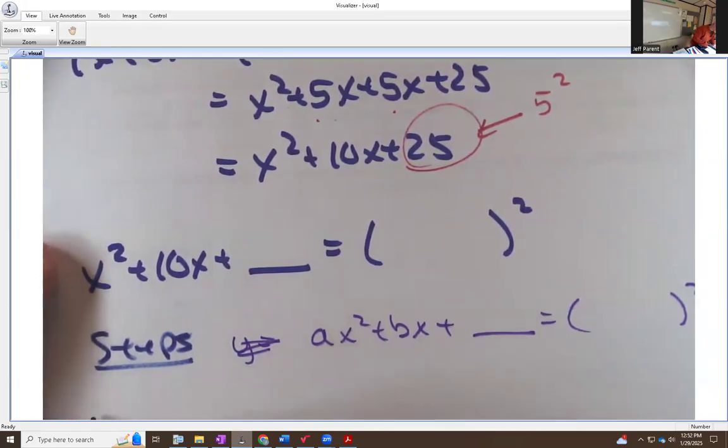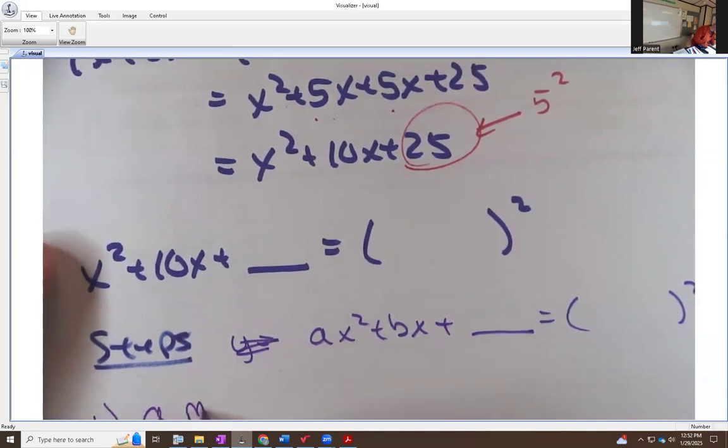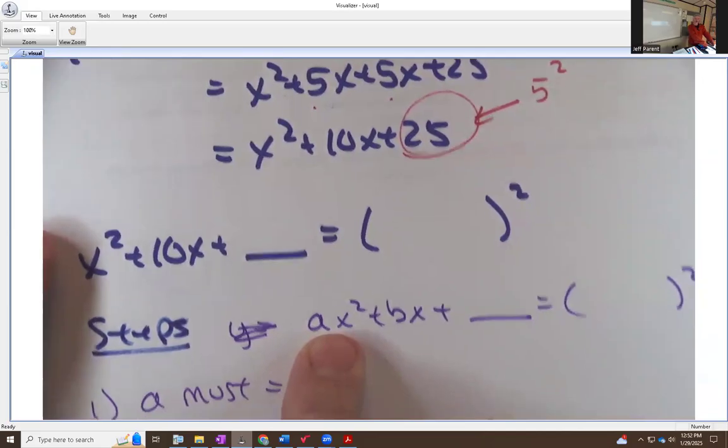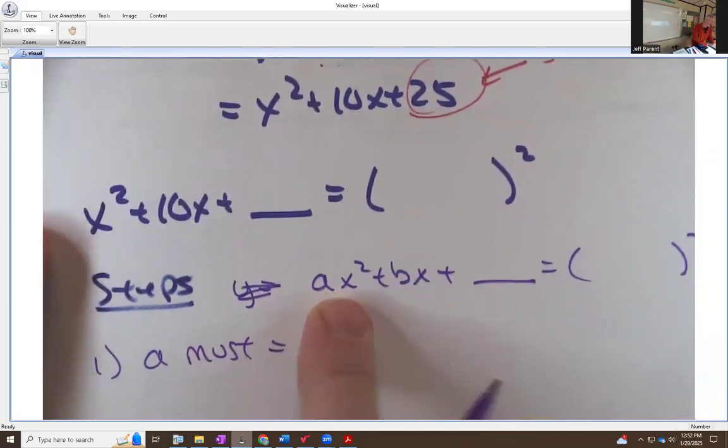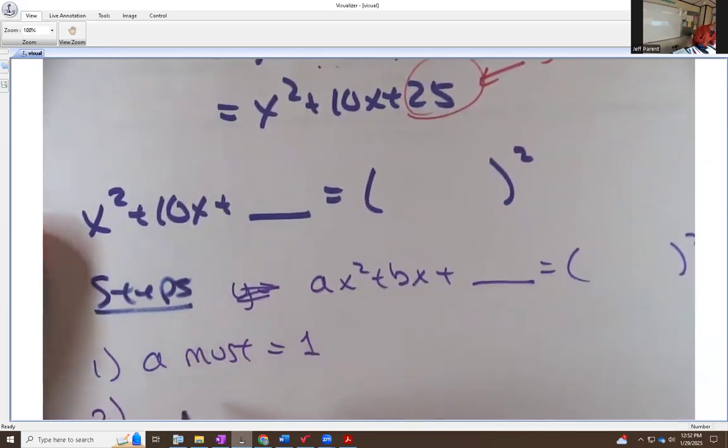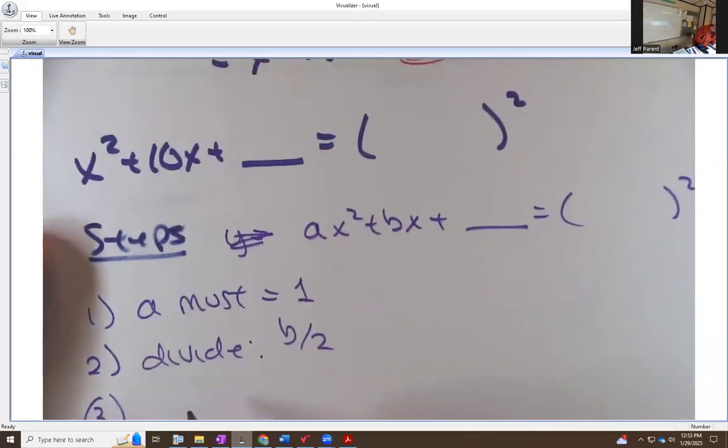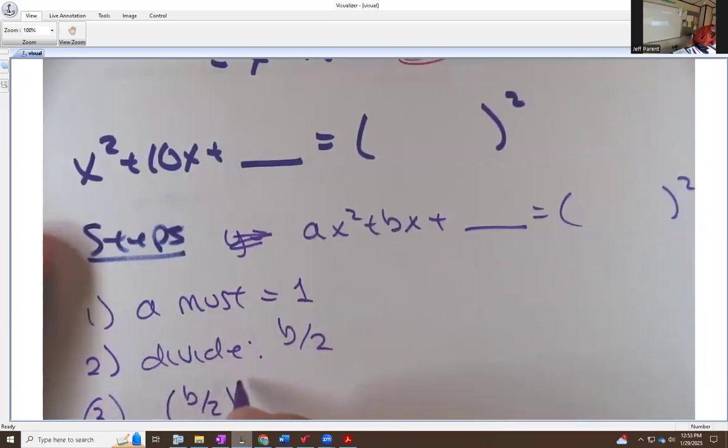So first step is a must equal 1. We're going to have to get rid of any coefficient that's in front of this. Second step, we're going to have to divide b by 2. So divide, we want b over 2. And the last step is we're going to square this result, b over 2 squared.